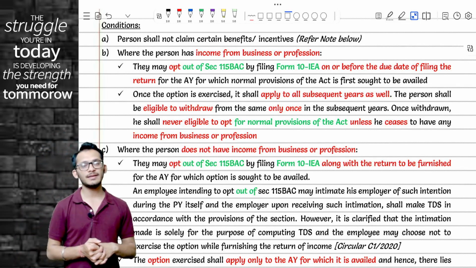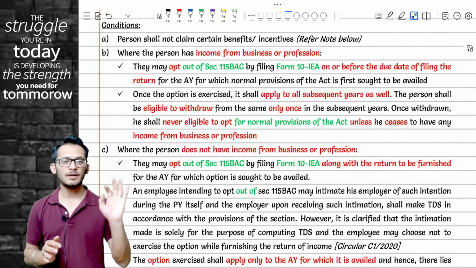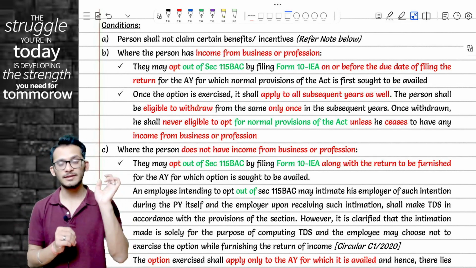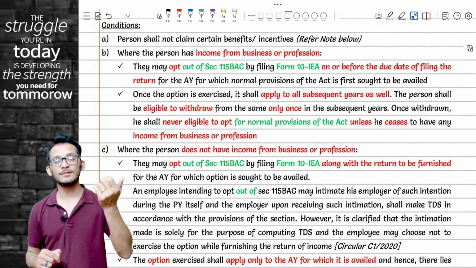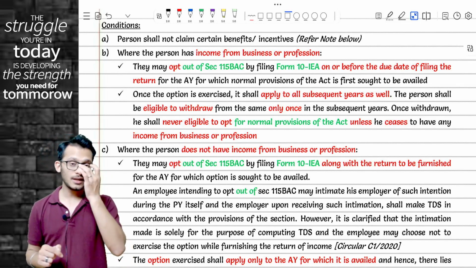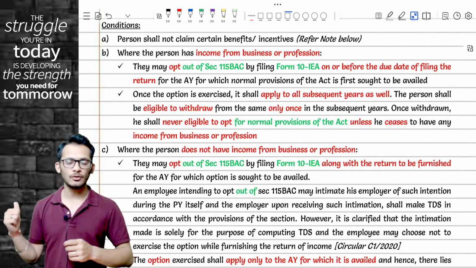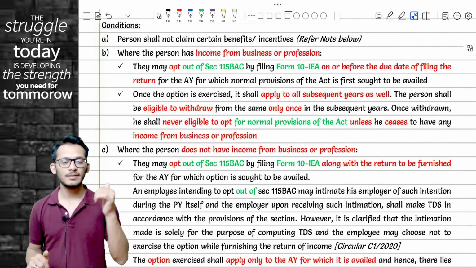Just be careful that in the exam, if they use the words compute the tax liability, full stop, in that case you have to do both the regimes and tell which regime to opt for. In case they say compute the tax as per the option which is most beneficial to the person, compute both the regimes and give back the answer. If they say compute tax under default regime, only 115BAC. If they say compute tax as per alternate tax regime, then normal rates.